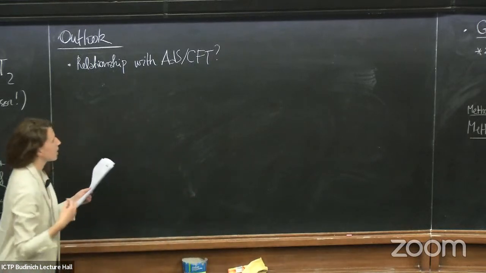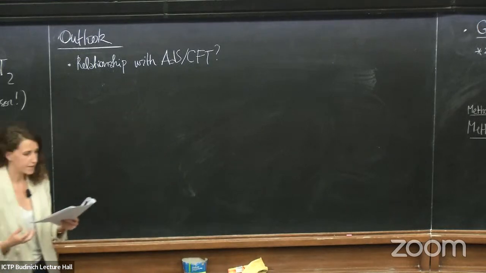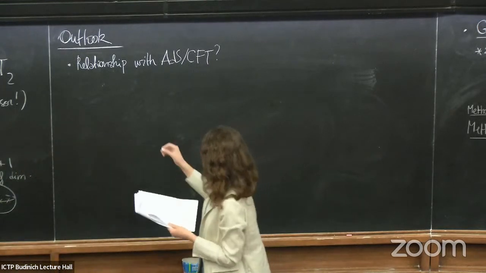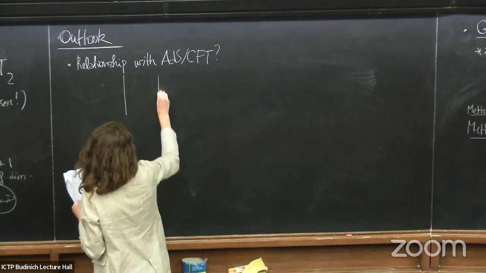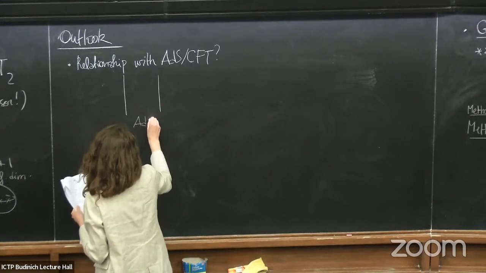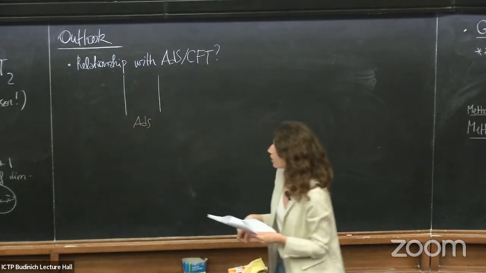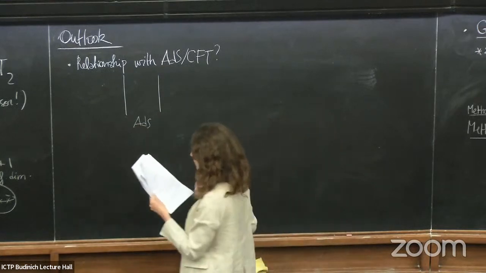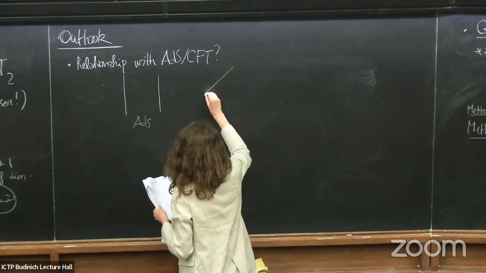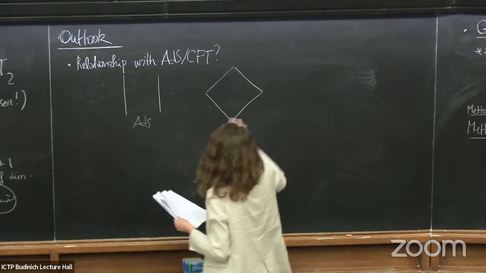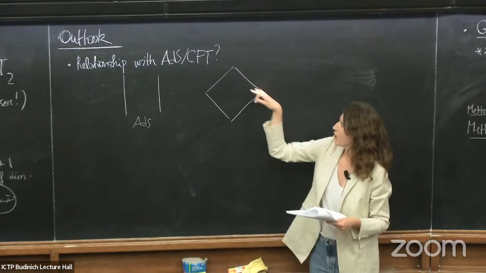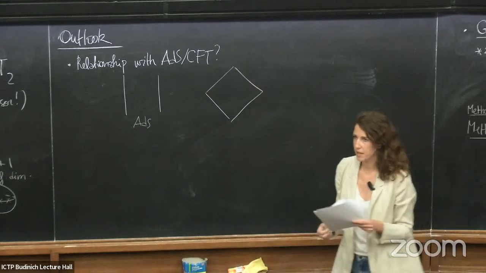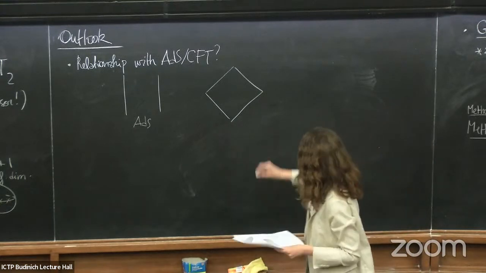But really, celestial holography is very different from AdS/CFT. In AdS/CFT, we have this nice timelike boundary of AdS. But for gravity in flat space, we have this annoying null boundary, and this is where all the difficulty comes about.